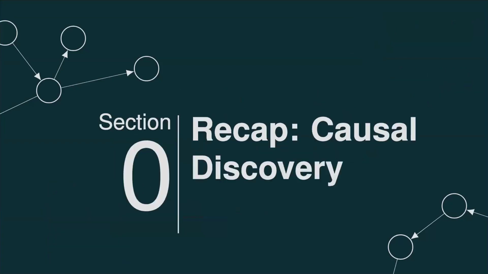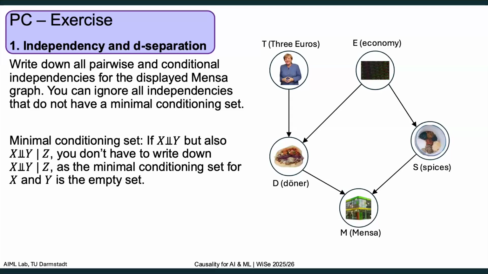Okay, so maybe we start with a short recap of the last lecture, which was this interesting causal graph, whatever you think of it. The exercise or task was to write down all the independency statements according to d-separation.